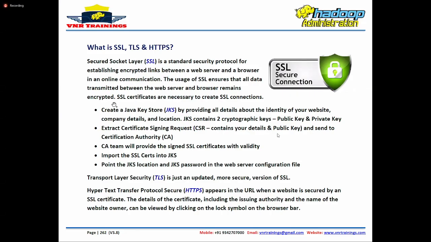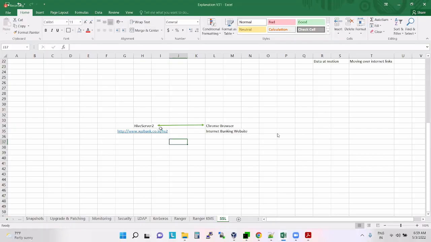The usage of SSL ensures that all data transmitted between web server and browser remains encrypted. This is the web server, this is the Chrome browser, and this is the internet banking website.